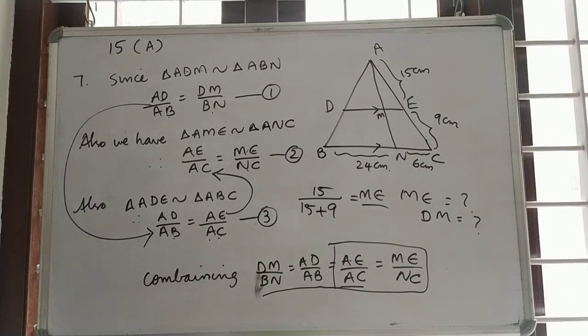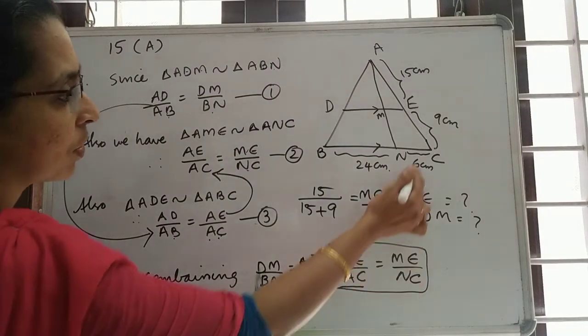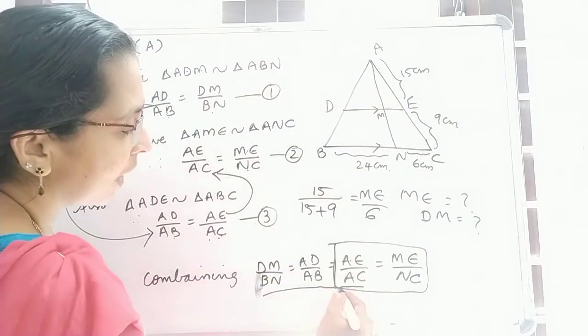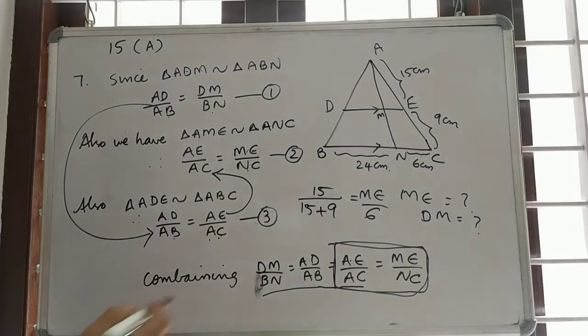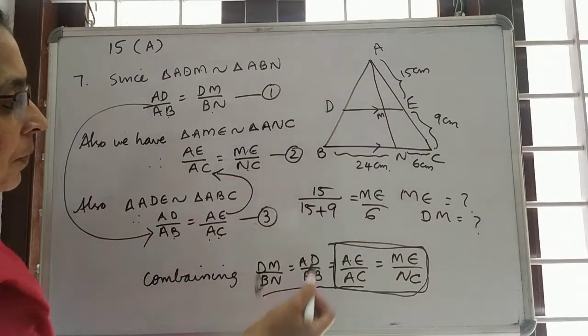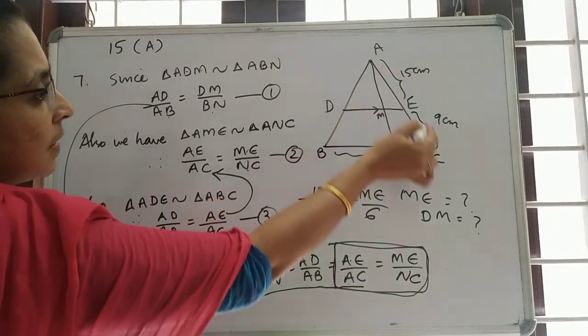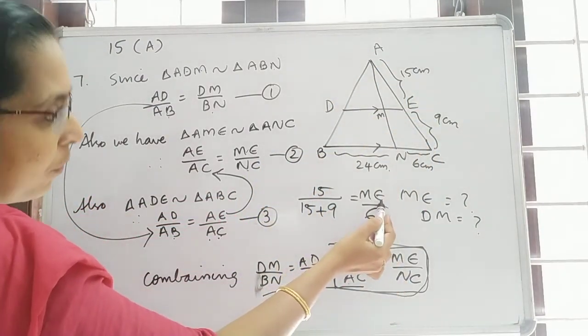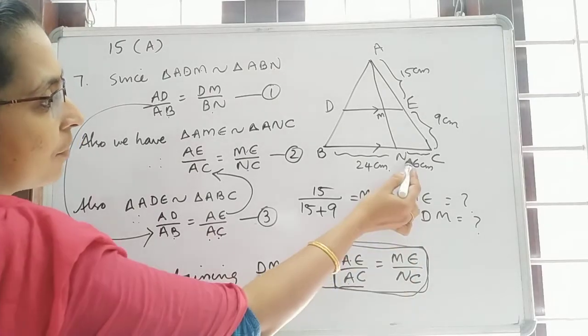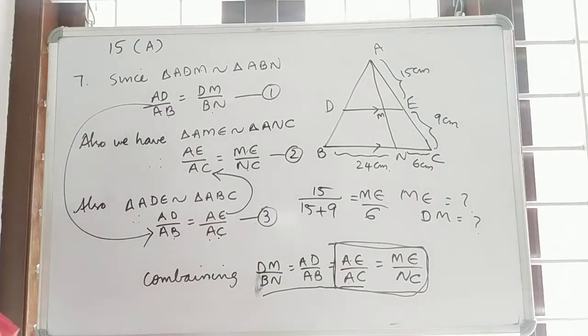NC is given as 6 cm. So we can substitute the values. AE is given as 15 divided by AC, the whole length, 15 plus 9, is equal to ME, which we want to find out, divided by NC, which from the question itself is 6.